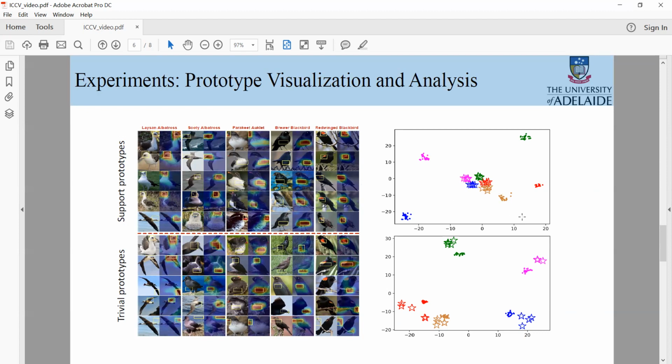And in the t-SNE result, we notice that those support prototypes are indeed located near to each other, and they are inside the feature distributions.